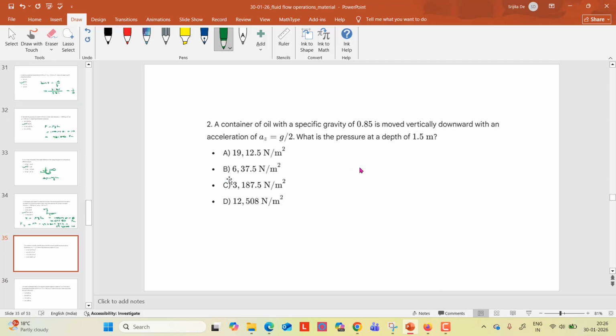Next, a container of oil with a specific gravity of 0.85 is moved vertically downward with an acceleration of g by 2. What is the pressure at the depth of 1.5 meter?